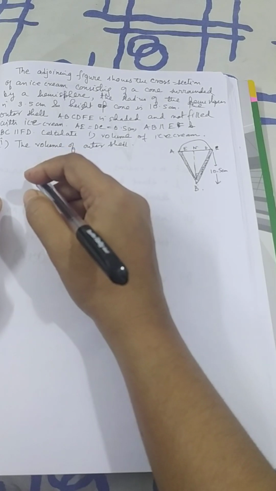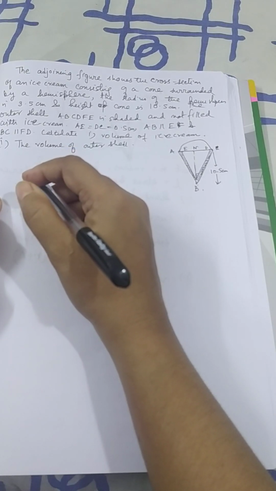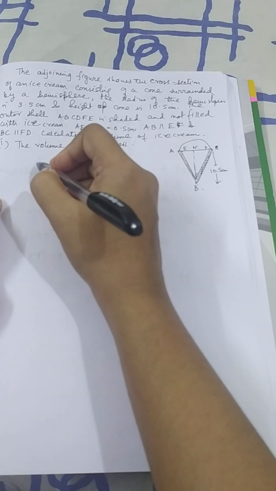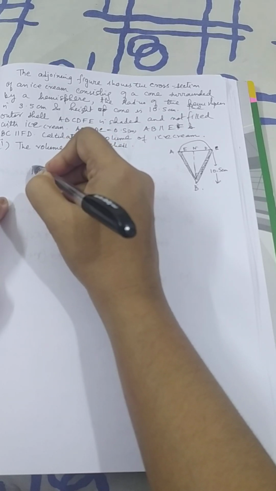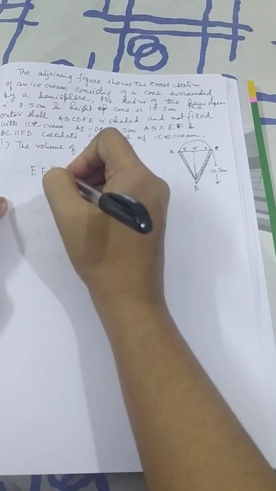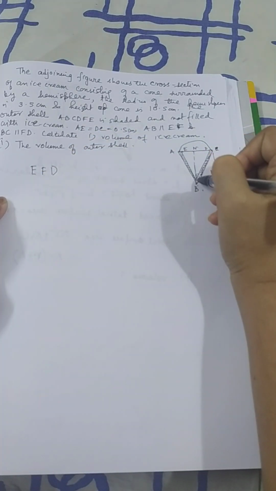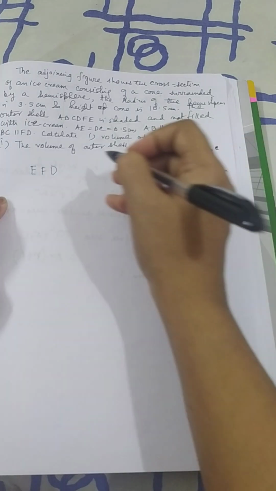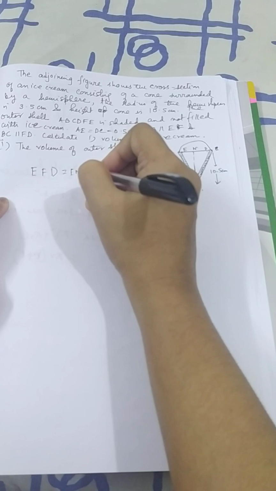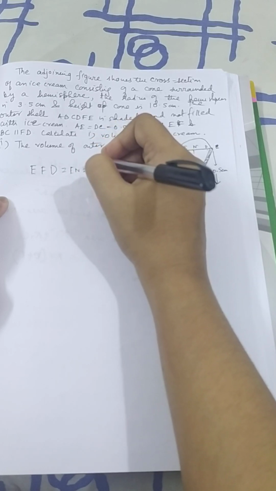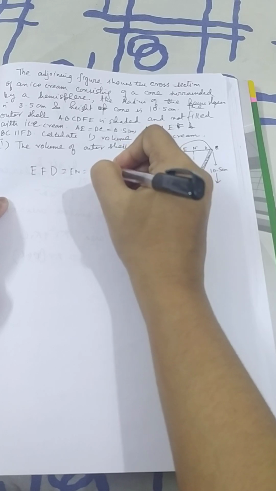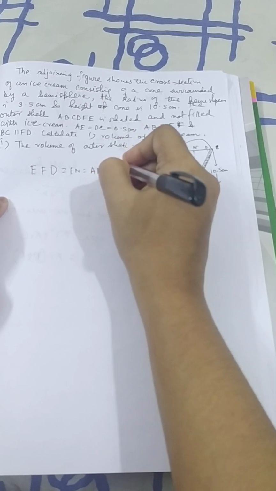So what is the radius of the inner cone? As given, for EFD, that means this inner part, EN is equal to AN minus AE.